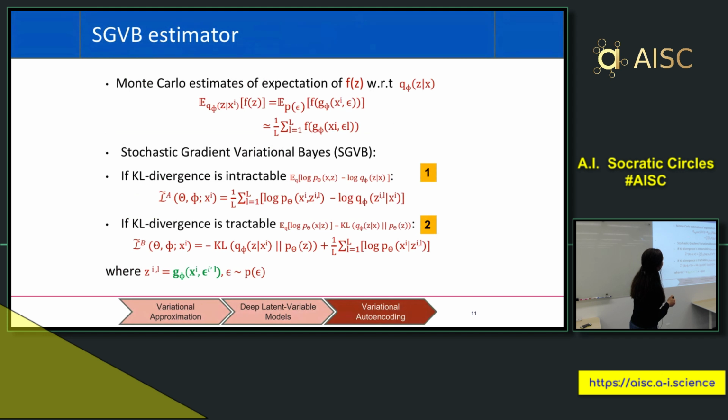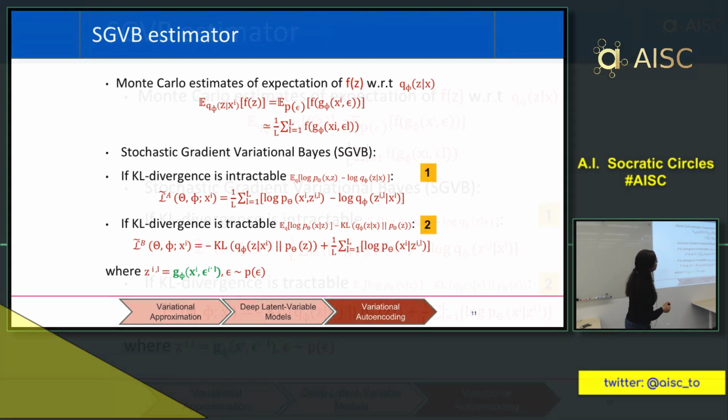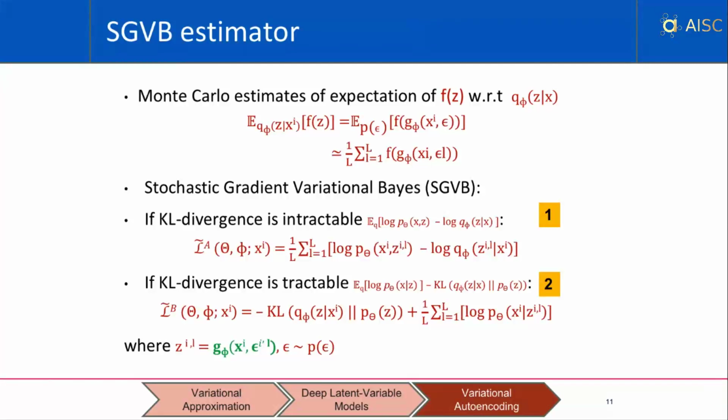So now I can use Monte Carlo estimates of this expectation. And remember, these are those equations that I showed you. These are my lower bounds that need to be optimized. For example, I have to maximize.